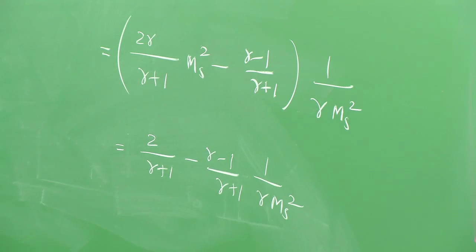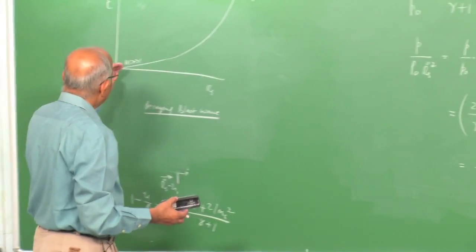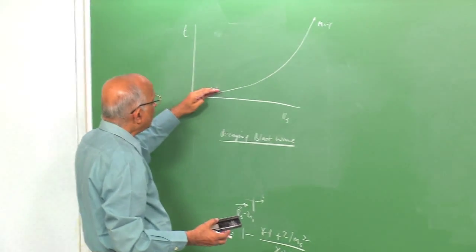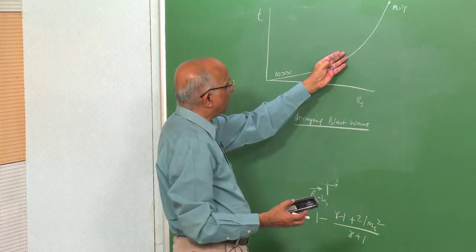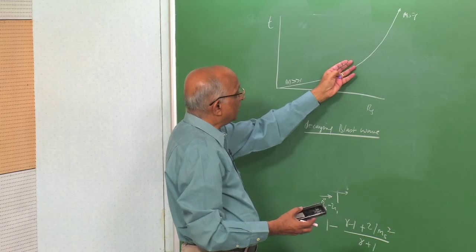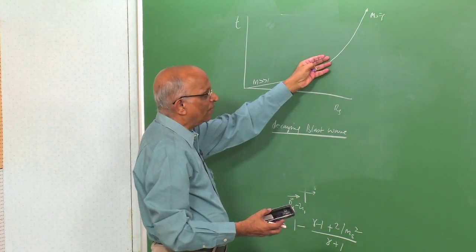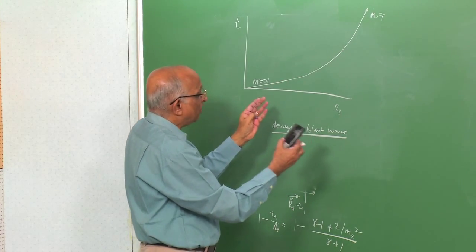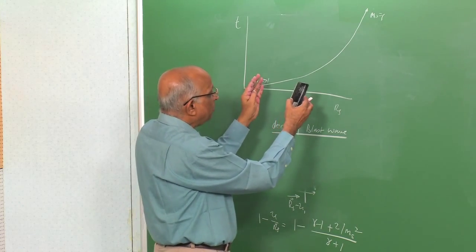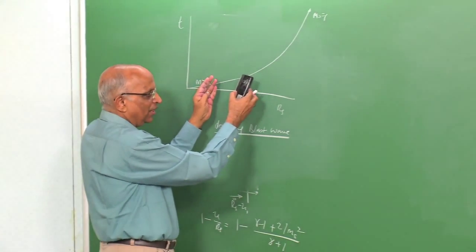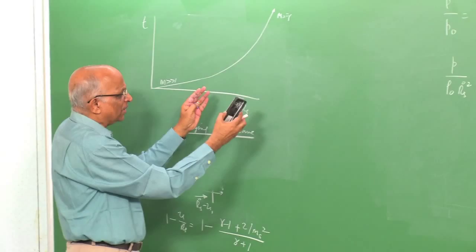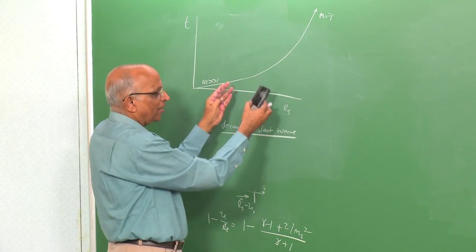In the next class, as I said earlier, we will take a look at what the pressure rise across a blast wave is and what the velocities behind a blast wave are, and that we will do in pieces, because the problem is complicated as it is totally unsteady. We will take some limits, some conditions for which we will do the problem.